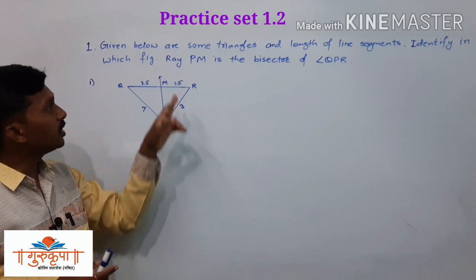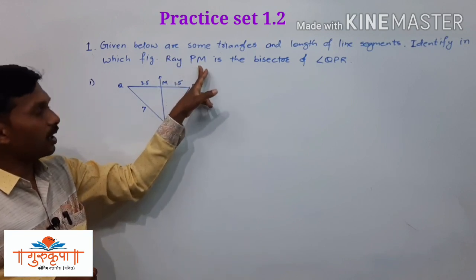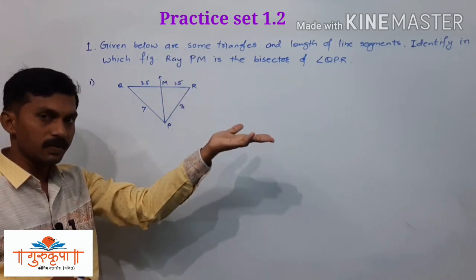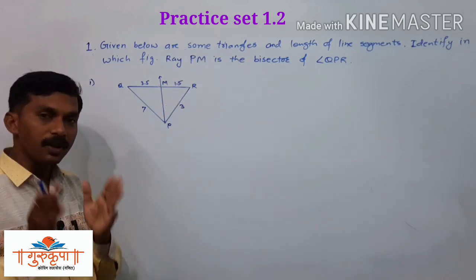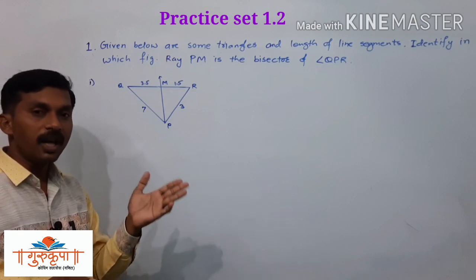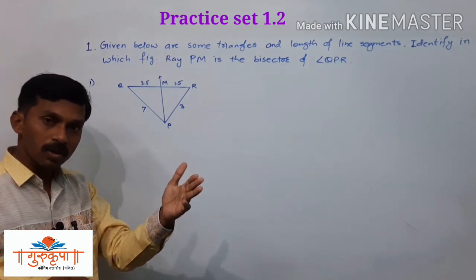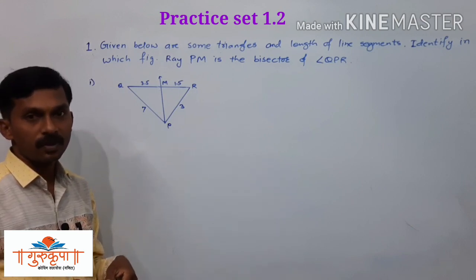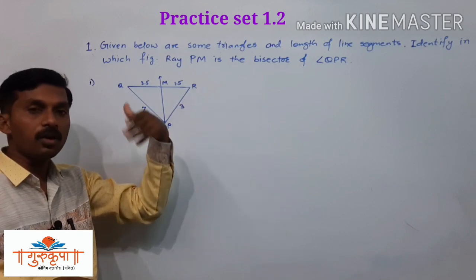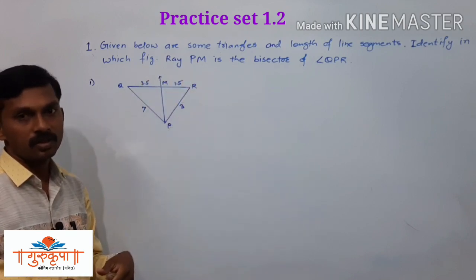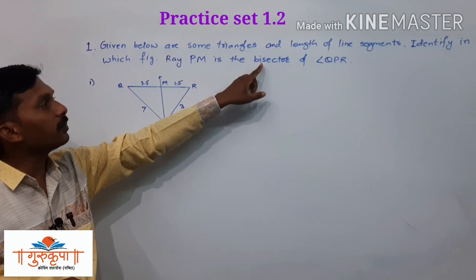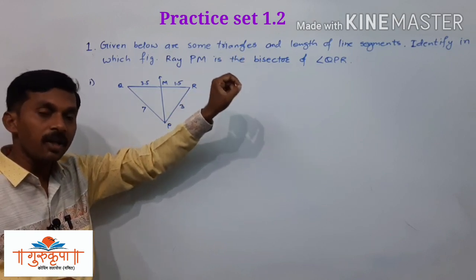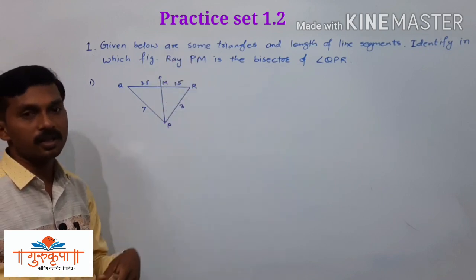It is very easy: since we have to determine whether ray PM is the bisector or not, definitely we have to use either the angle bisector theorem or the converse of angle bisector theorem. We do not have to think about the other concepts, just the concept related with the bisector.